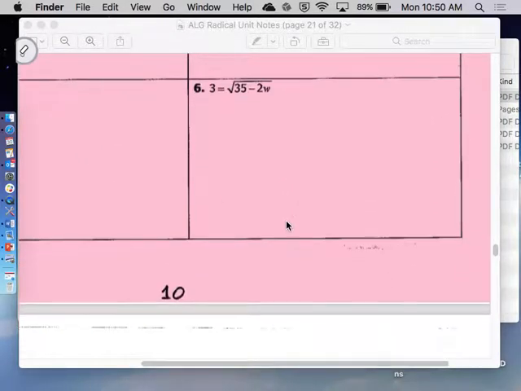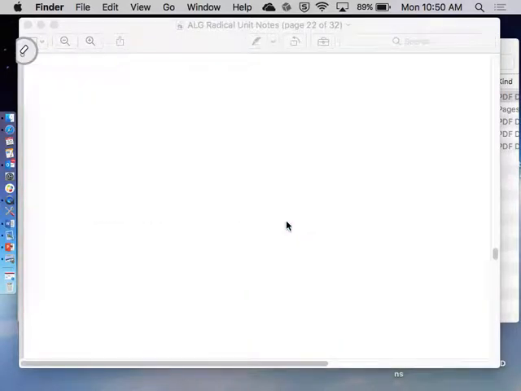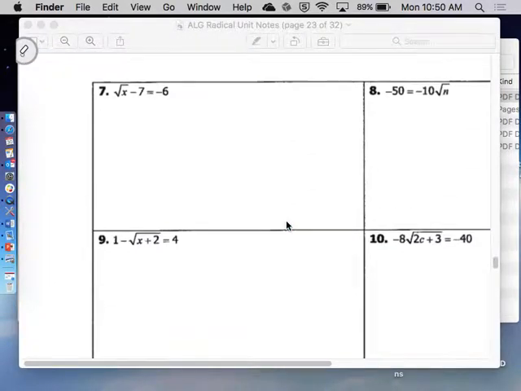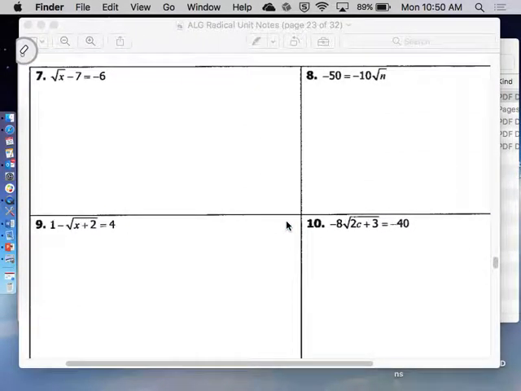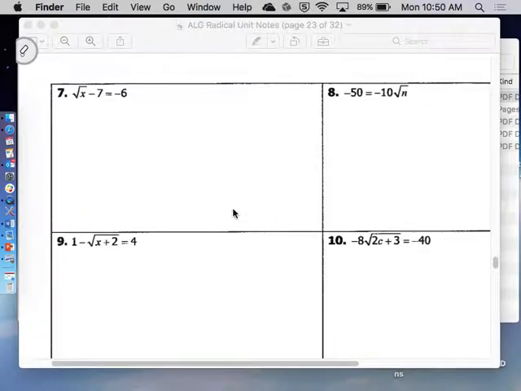Let's go to the other side. Let's look at a problem like number 7 and number 8. So in a problem like number 7, notice that it's just simply radical x minus 7. The minus 7 is not underneath the radical. So the first thing you need to do is isolate the radical.